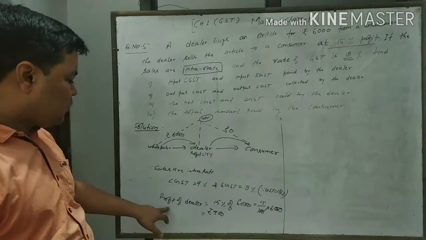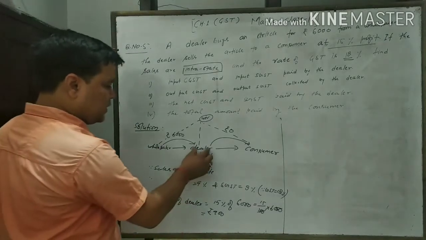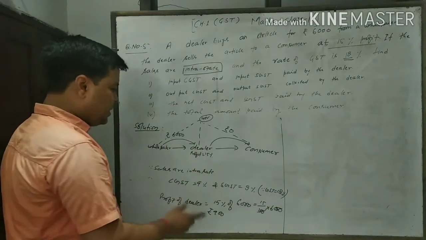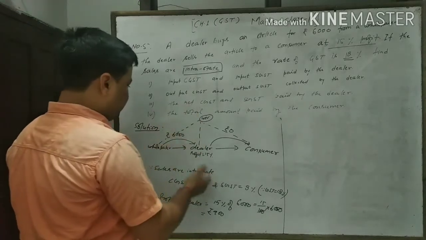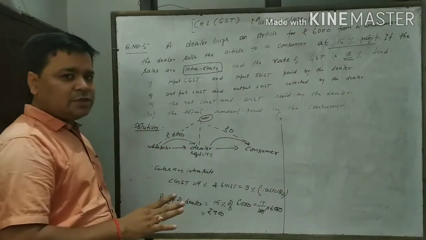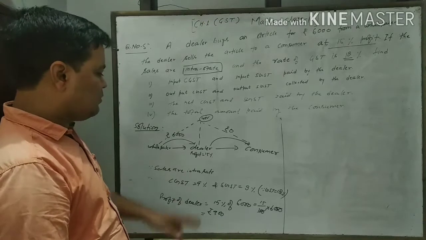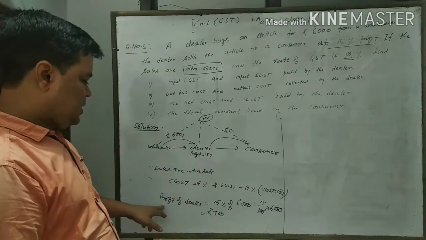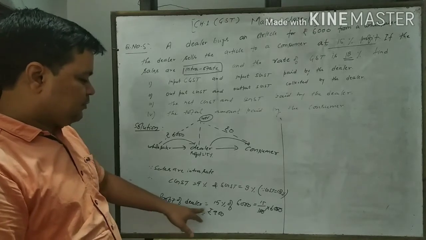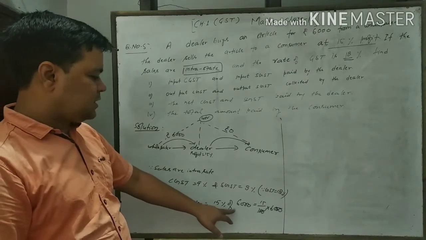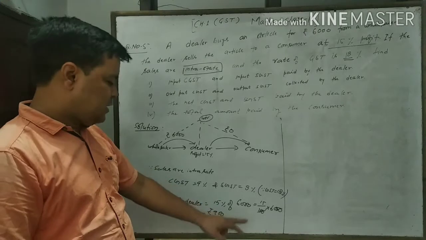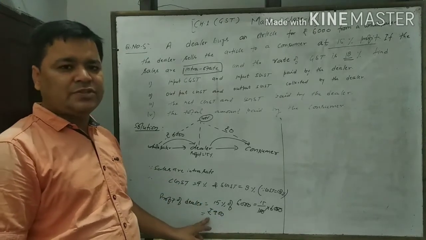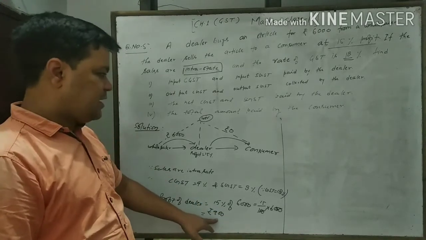Now, profit of the dealer: since the dealer takes the article at 6,000 rupees but makes a profit of 15%, the profit of the dealer is equal to 15% of 6,000. That will be 900 rupees.